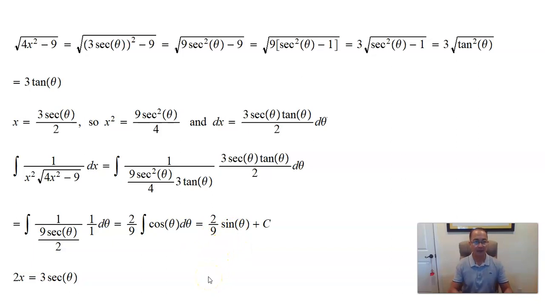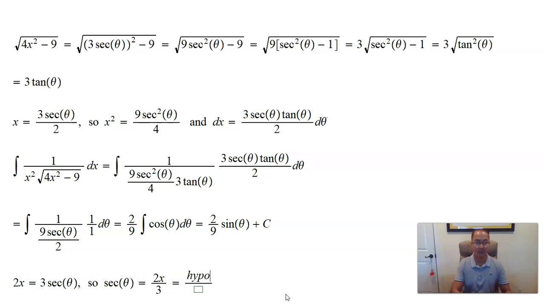Okay. 2x is 3 secant theta. So secant theta is 2x over 3. So secant is 1 over cosine, but cosine is adjacent over hypotenuse.